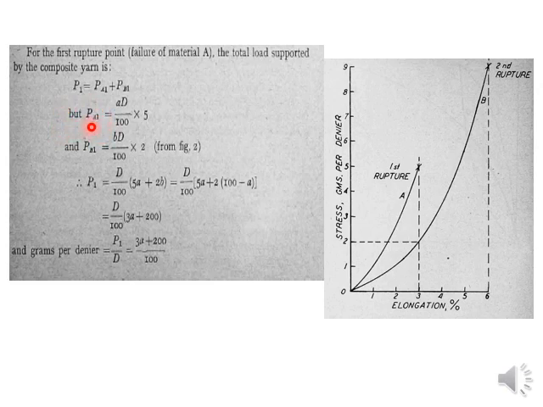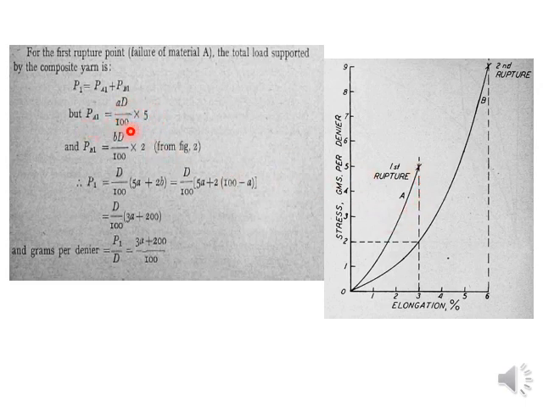This is the load supported by the composite yarn at rupture point 1, and this is the load supported by the fiber A. So the load supported by the fiber A will be the denier of A. Remember, in the last slide we calculated the denier of the fiber A as AD by 100, and this is the stress in gram per denier at this rupture point, that is 5.